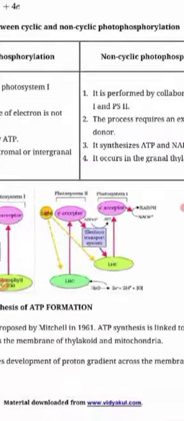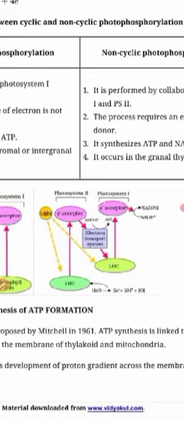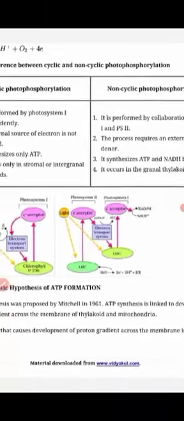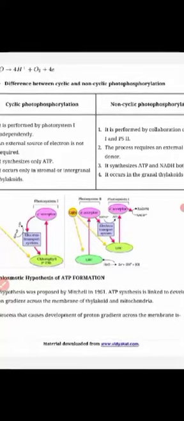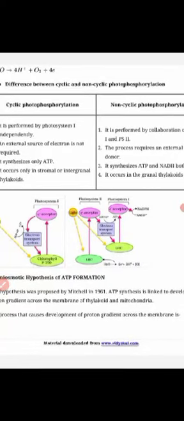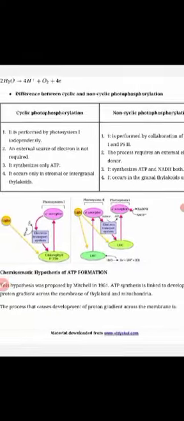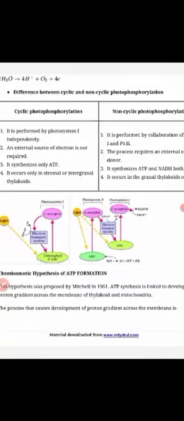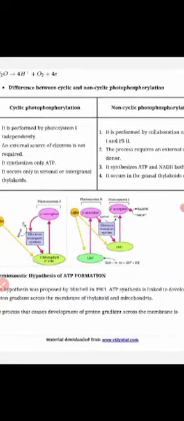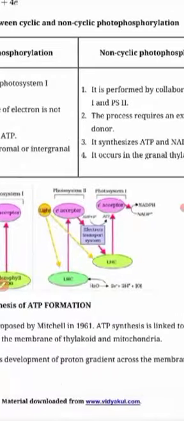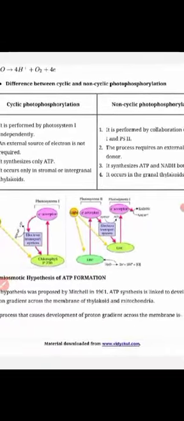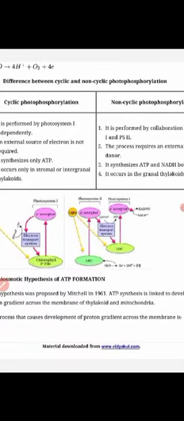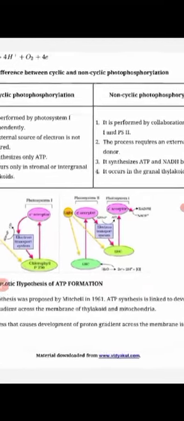My dear students, there are two more phenomena that will be conducted if the light comes to the LHC, light harvesting complex, and these phenomena are cyclic photophosphorylation and non-cyclic photophosphorylation.